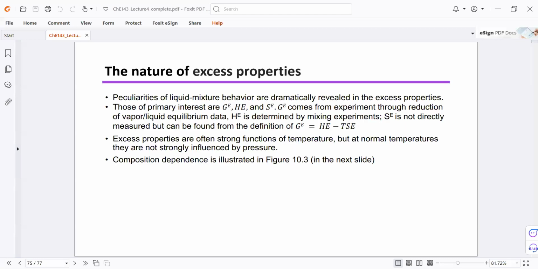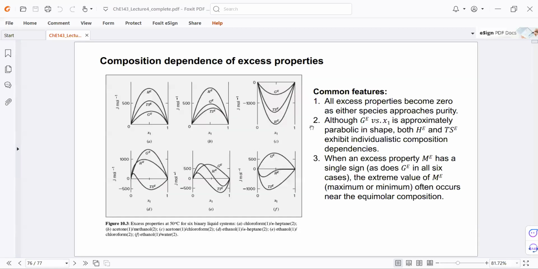How about the composition dependence? We described the temperature and pressure dependence of excess properties. How about composition? This is shown in the next slide. What do we observe? These are graphs of excess properties of 6 binary liquid systems listed in the description of the figures.